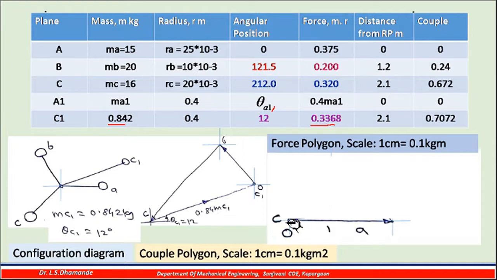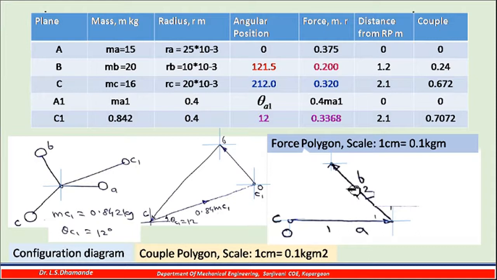Let us draw first O to A, which is equal to this O to A. Then I can draw the position of another mass, that is B. From here I have to draw the centrifugal force for this B. For B it is 0.2. I will draw one force like this, in this direction.